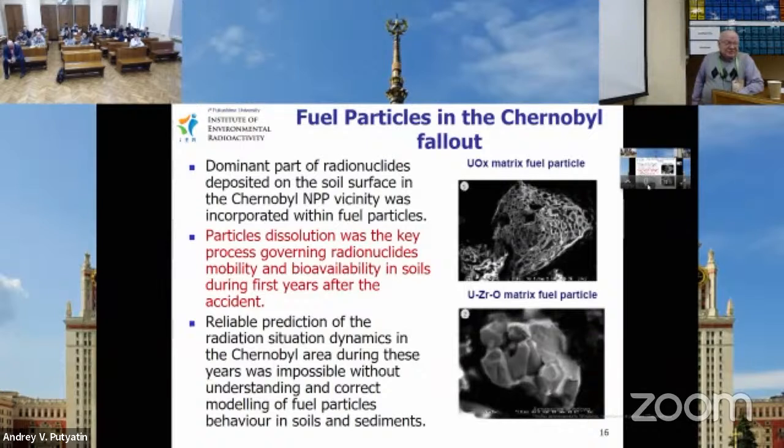Particle dissolution was the key process governing radionuclide mobility and bioavailability in soils during the first years after the accident. Reliable prediction of the radiation situation dynamics in the Chernobyl area during these years was impossible without understanding and correct modeling of fuel particle behavior in soils and sediments.